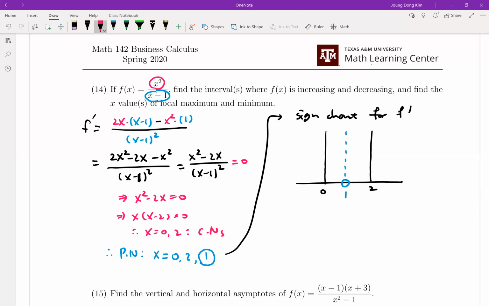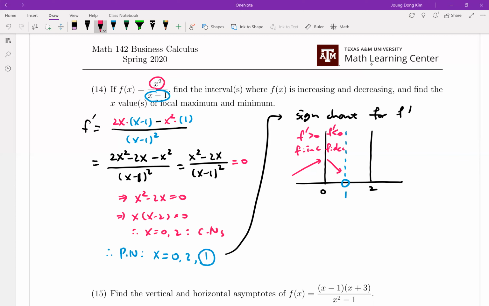Plug in negative 1, it's positive, okay? So your f prime is positive, which means f is increasing, like this shape graph, right? And between 0 to 1, we're going to plug in 0.5, then it is negative, right? F prime negative, which means f is decreasing, like that.